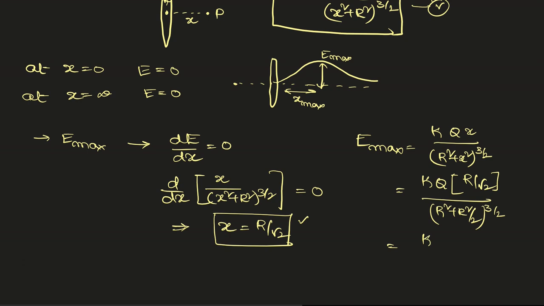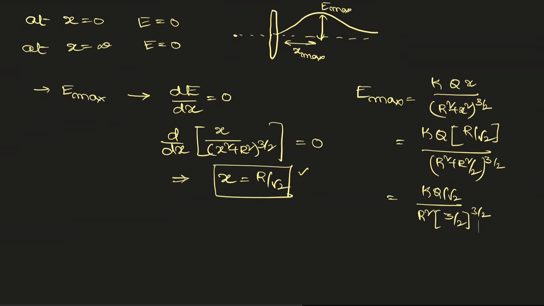I can write like this: kQ by root 2 r square. I will bring outside, it becomes r cube, r and r get cancelled. We are left with r square into 3 by 2 whole power of 3 by 2. We can write 3 by 2 whole power of 3 by 2 as 3 root 3 by 2 root 2.